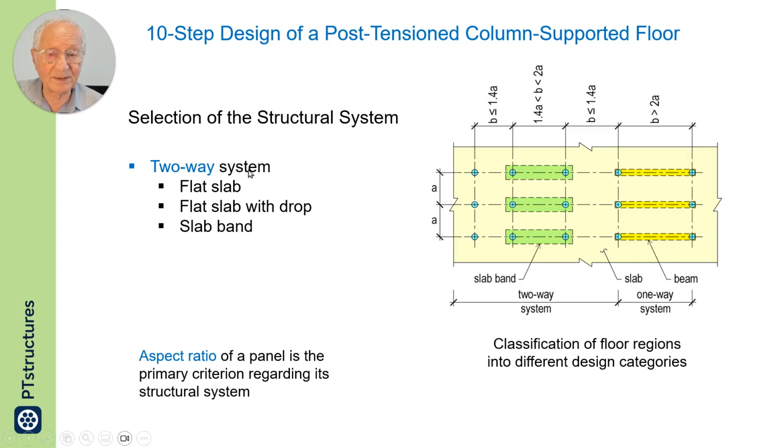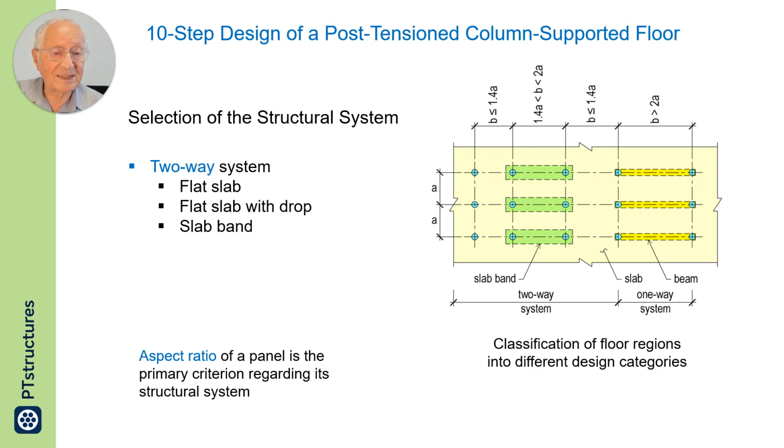The two-way system can be flat slab with drop, or slab with band. Here on the left, I show you the two-way system where the aspect ratio of the panel is such that you need in one direction additional strength because of its longer span.